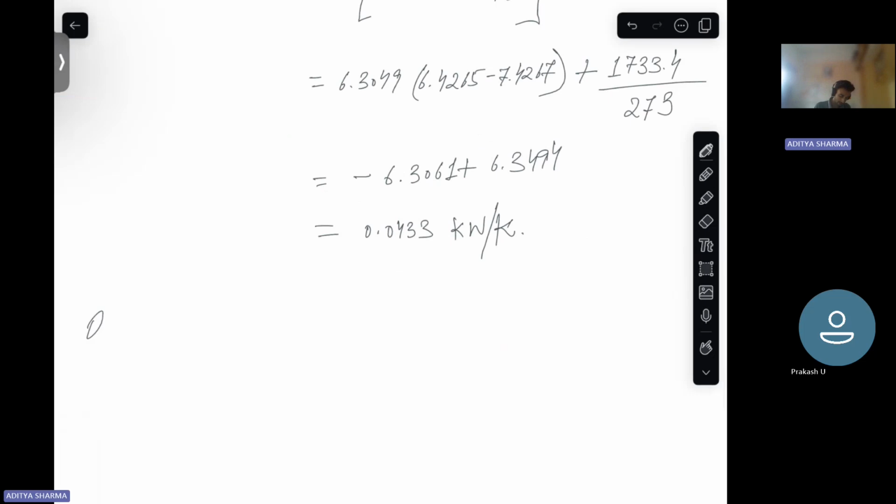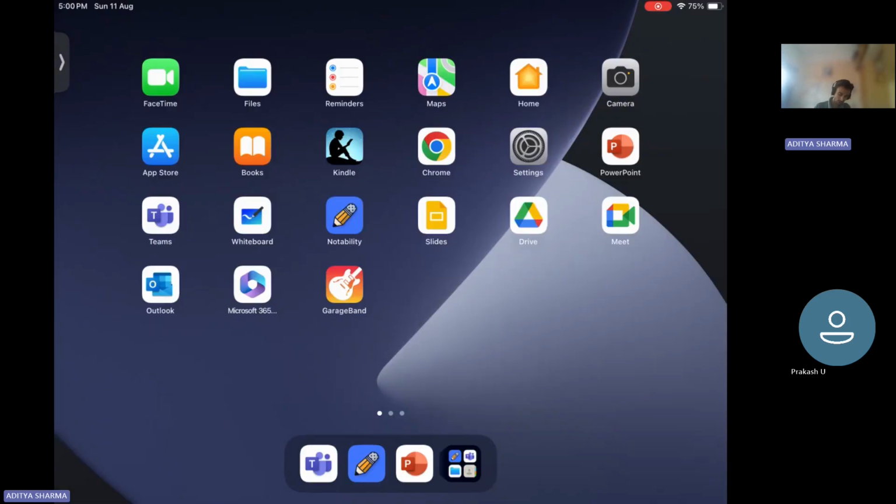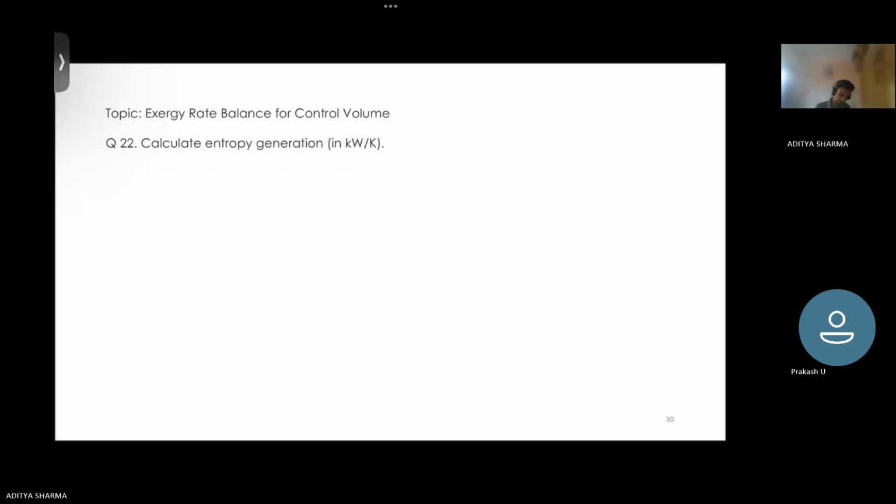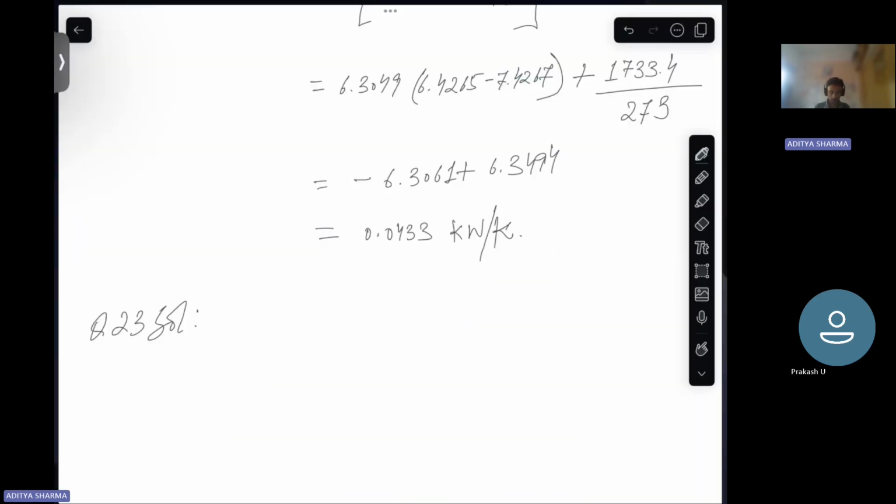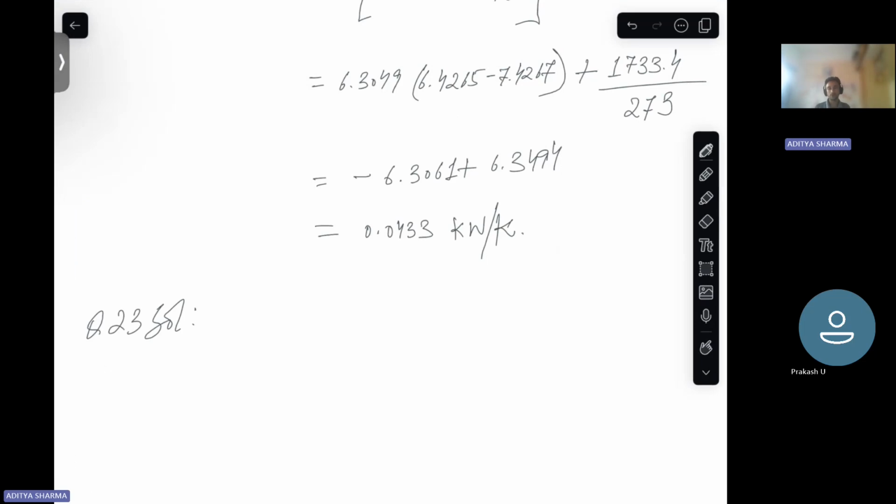So it's already 5. So last question. Now the last question is, so this is 0.0433. Calculate the rate of exergy dissipation. So in the conceptual questions I have repeatedly been discussing this point, that exergy destruction or dissipation is coming from entropy production, right?